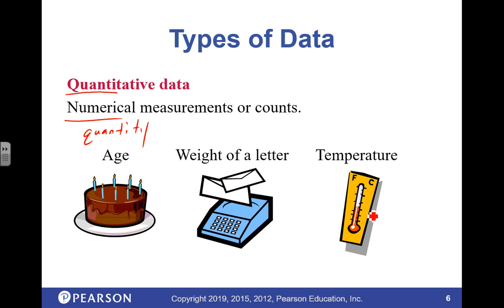If you're asked for the temperature, you're expressing a numeric value to represent the heat level. Most of the things that we deal with in statistics, not all of them, but most of them, are going to deal with quantitative data. We're going to be doing calculations, and normally when we deal with calculations, we're dealing with numeric values.